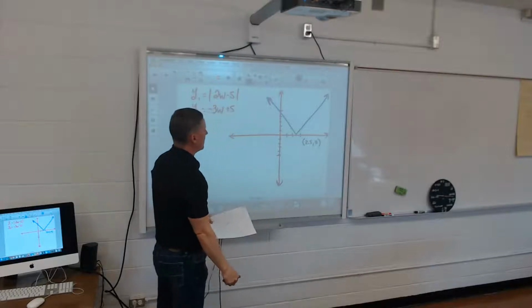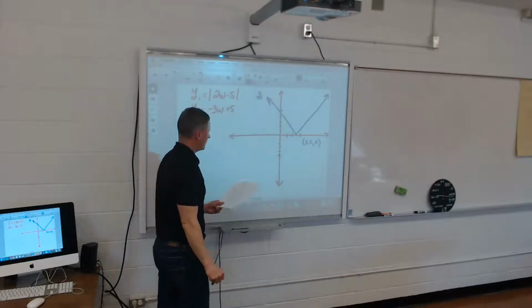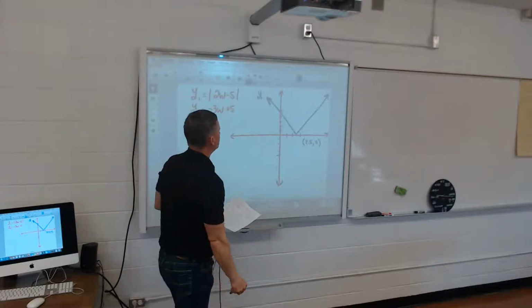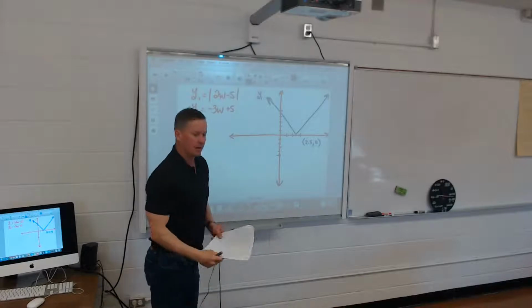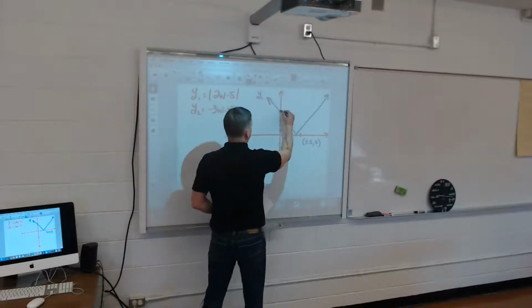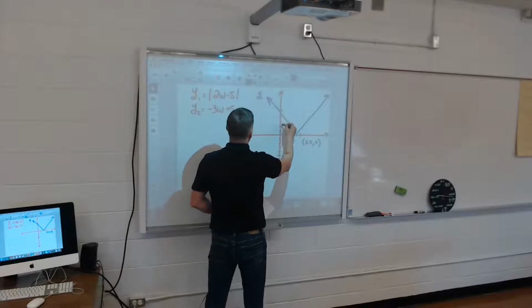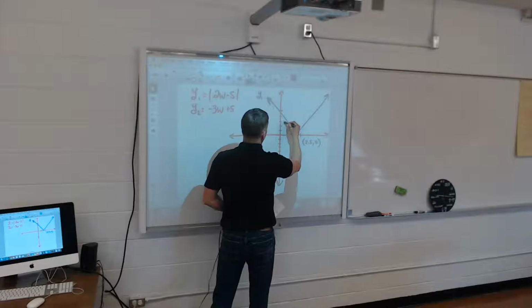So there's y1. This would be my y1. And for my y2, I go to 0 and 5, which is right here. I go down 3 and right 1 to right here.